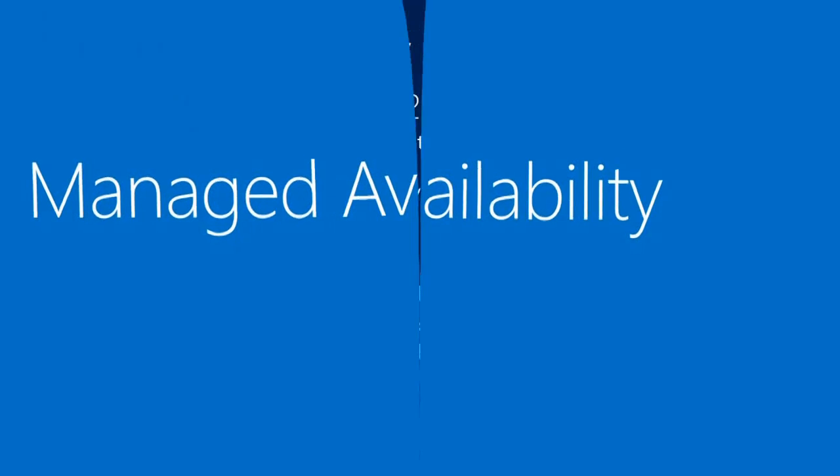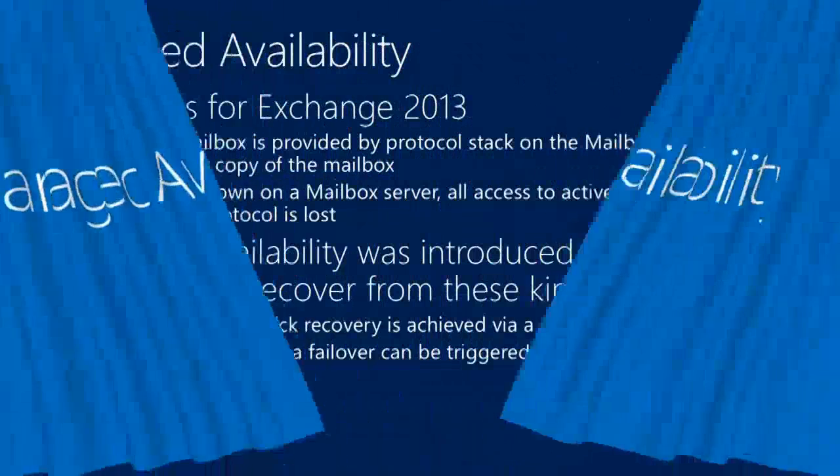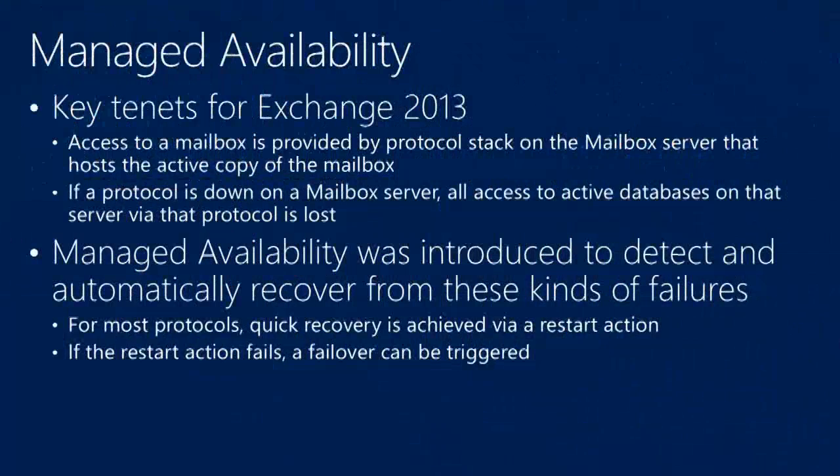So managed availability, what is that? Managed availability is internal monitoring and recovery-oriented features that extend the high availability from well beyond the database and the content index to basically every other piece of Exchange. So it's HA permeating all the protocols, all the dependencies, all the components and features and every aspect of Exchange.